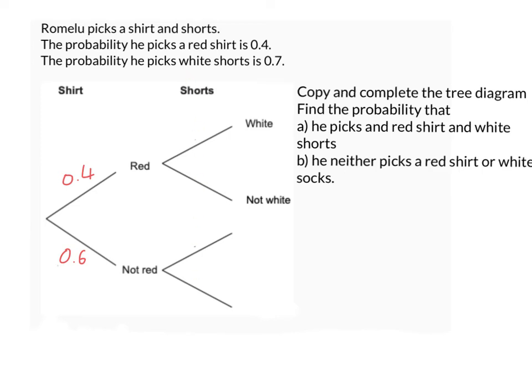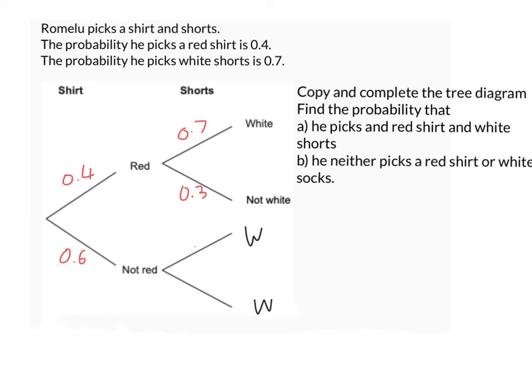Now here's the shorts. The chances of getting white shorts is 0.7. So not white would be 1 minus 0.7, which is 0.3. Down here it's a lot of blanks, so what should be here? Well, this is the shorts column. So either you can get white or you can get not white. W would be fine.